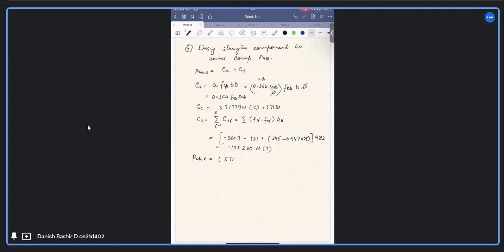571.8. This is tensile, minus it will be 155.23 kilonewton. Okay. So the resultant PUB comma X will be 416.6 kilonewton compression.